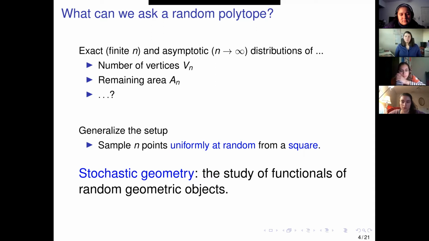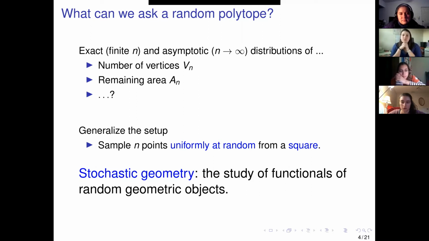Stochastic geometry is the study of random geometric objects, like random polytopes. So what exactly do we ask about those? Well, we want to study functionals, which you can think of as volumes, vertices, perimeter, surface area of a random polytope.